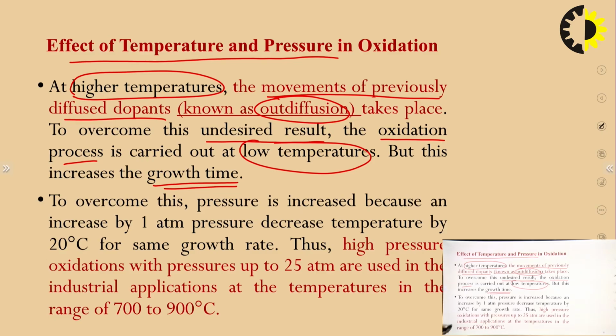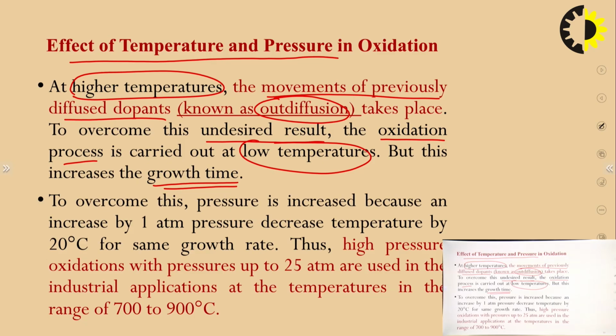So, that is the effect of temperature: at a higher temperature, out diffusion takes place where the already diffused dopants come out of the substrate and get deposited in the oxide layer, which is an undesired result. If we do our oxidation at lower temperature, its drawback is that the growth time is more. It takes more time to grow a layer of SiO2 on the surface of the silicon.